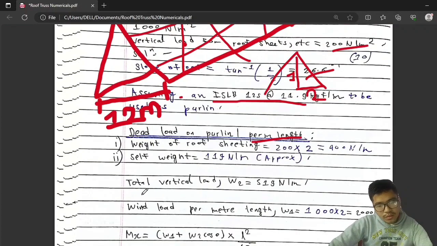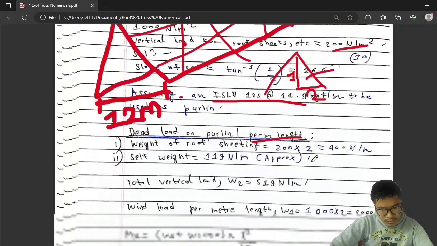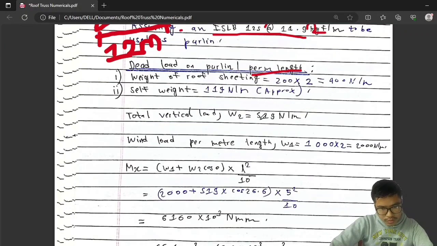Total vertical load is this 400 plus 119, that is 519 Newton per meter.